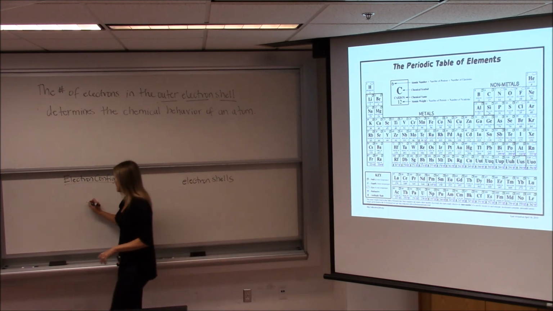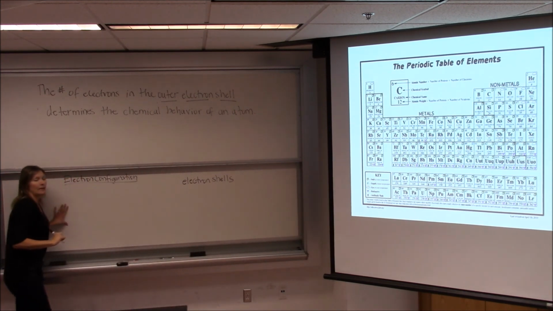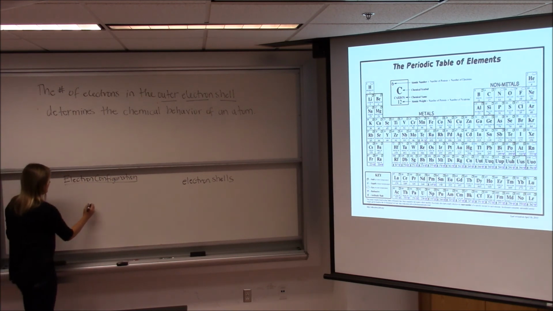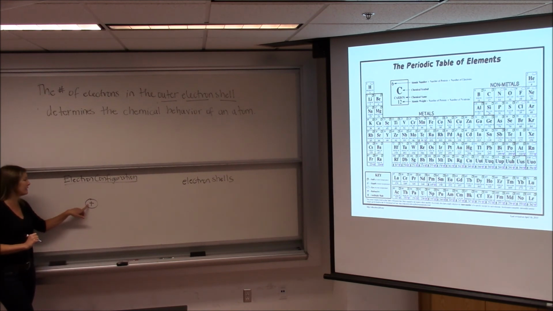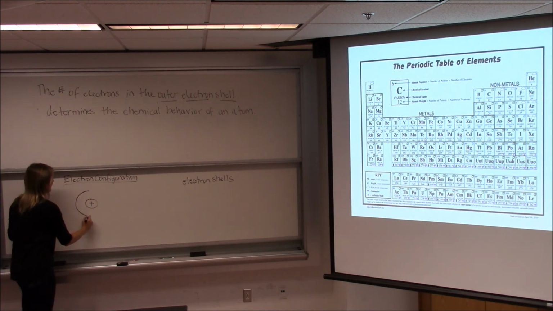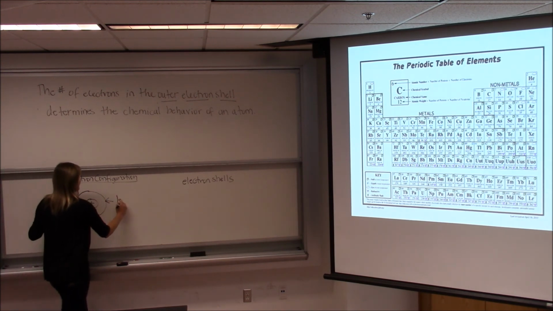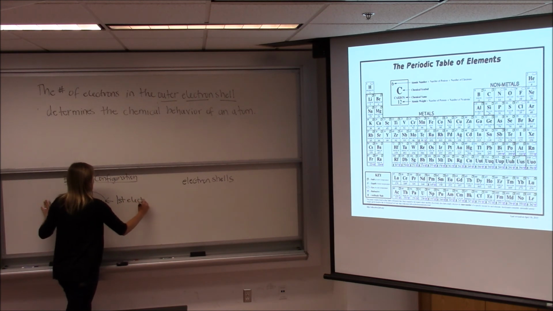Okay, so hydrogen is atomic number 1. That means it has 1 proton, but we're talking about electrons, so more importantly, it has 1 electron. This is hydrogen's nucleus with its 1 proton, and that 1 electron is going to be located in what is called the first electron shell.